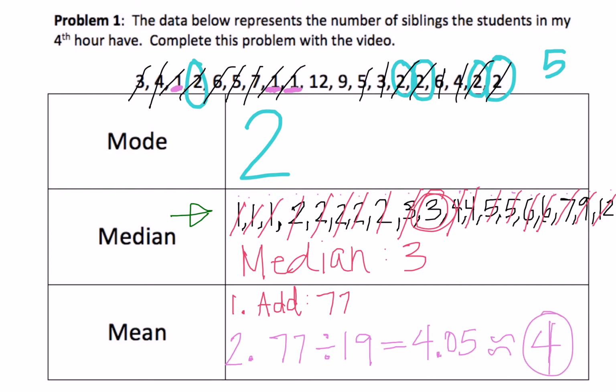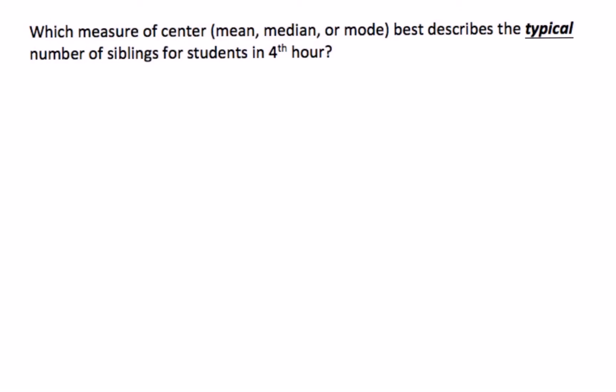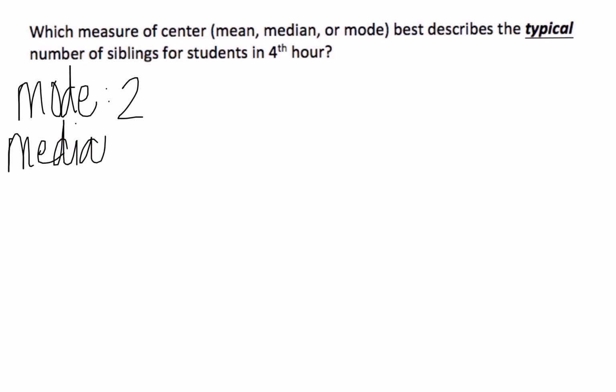Okay? So our mode was 2, our median was 3, and our mean was 4. So 2, 3, 4. So now this question says, which of these, my mode was 2, my median was 3, my mean was 4.